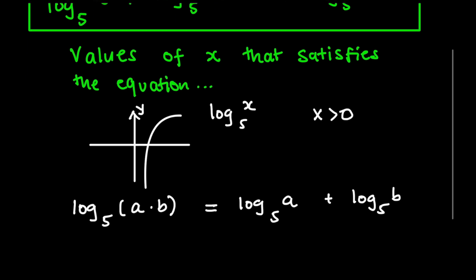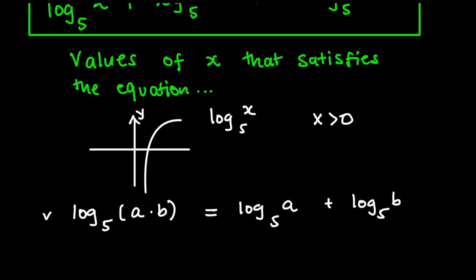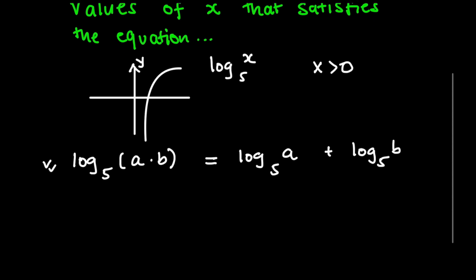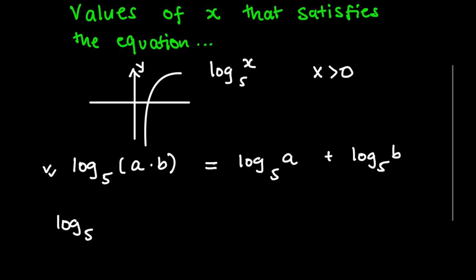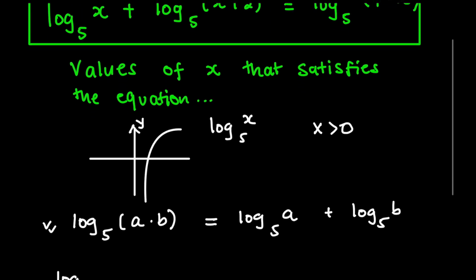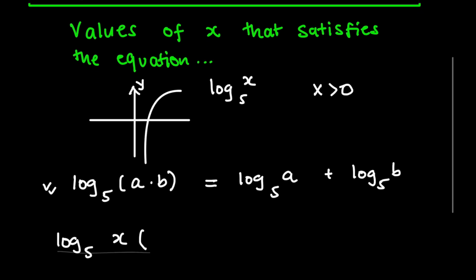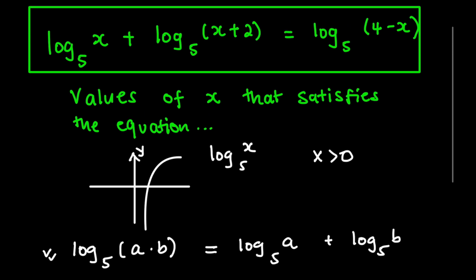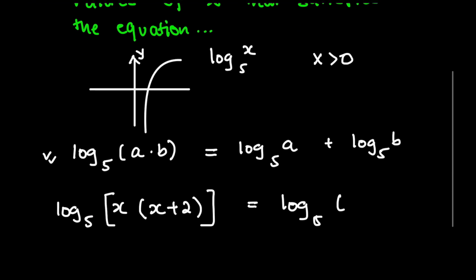So on the left hand side, we're going to use this rule. It's going to be the log base 5 of x multiplied by x plus 2. This is going to equal the logarithm base 5 of 4 minus x.